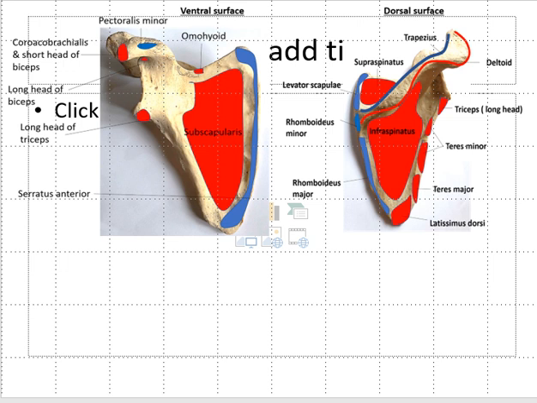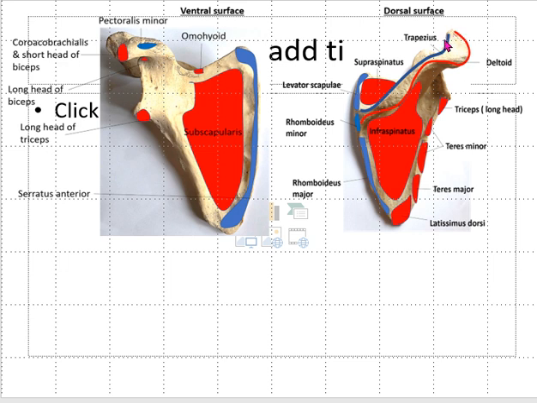Muscular attachment to the three processes of the scapula. The crest of the scapula and border of the acromion process. The deltoid muscle takes origin from the inferior border of the crest of the spine of the scapula and lateral border of the acromion.